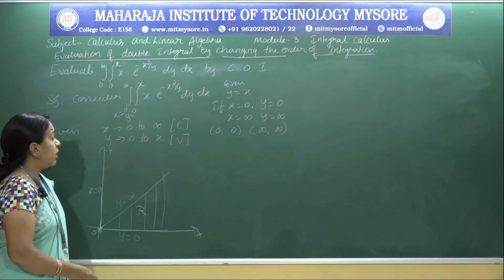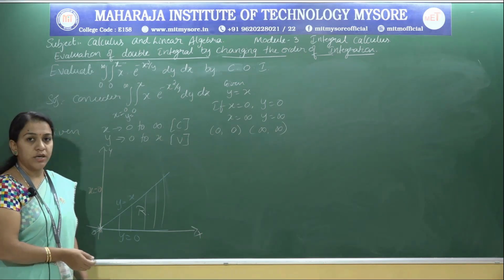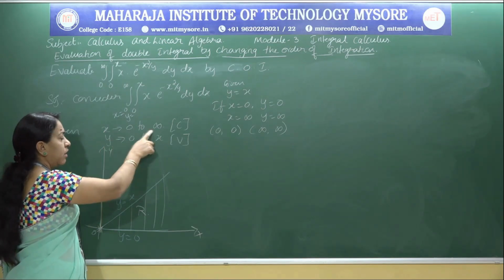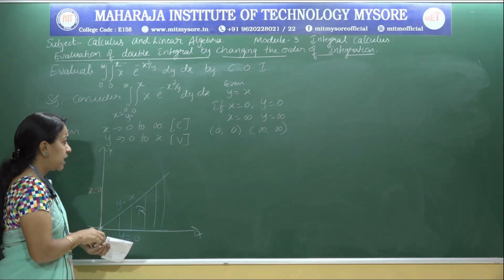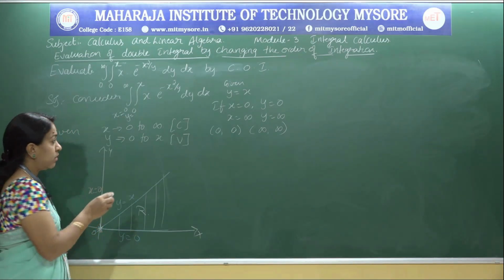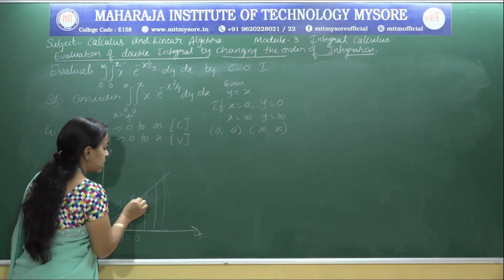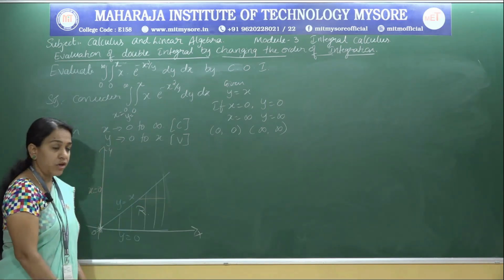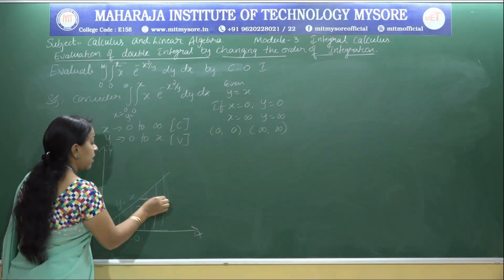So the given has y as a variable limit and x as a constant. So I should change now x as a variable and y as a constant limit. First we should change x as a variable limit, right? So x varies along this line. We should consider the x limit inside the bounded region, and this is our line parallel to the x axis.